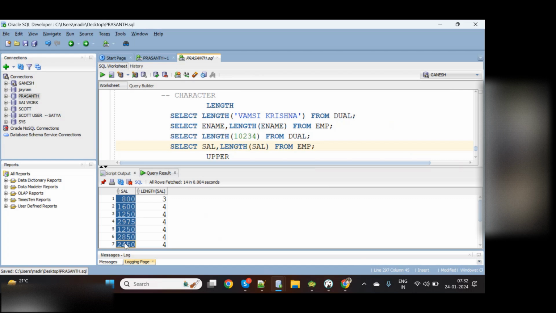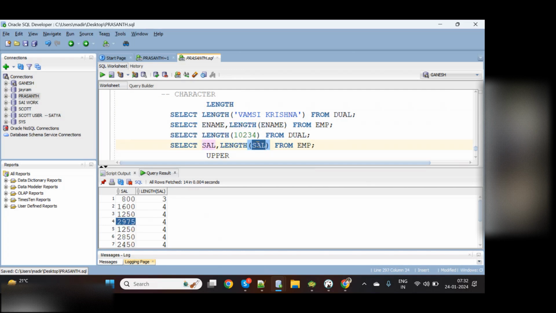If you have any requirement with numeric cases, you can also use it. We can also list this as a number function.